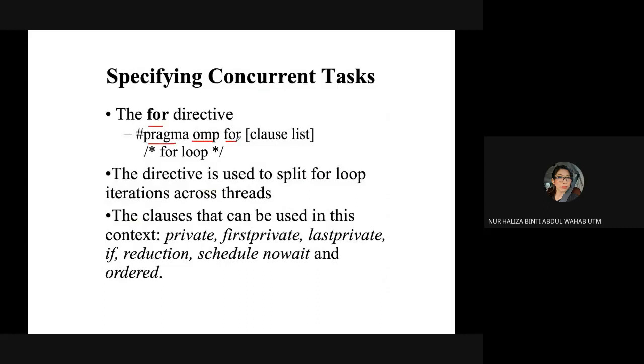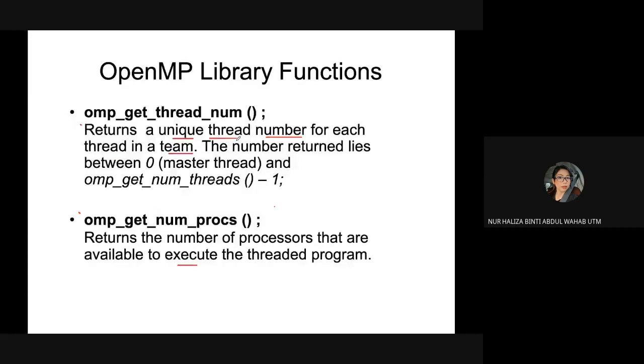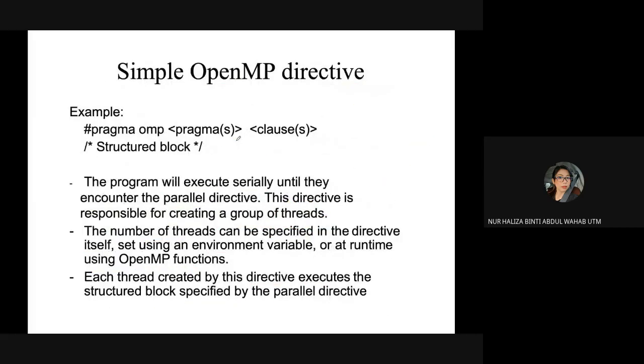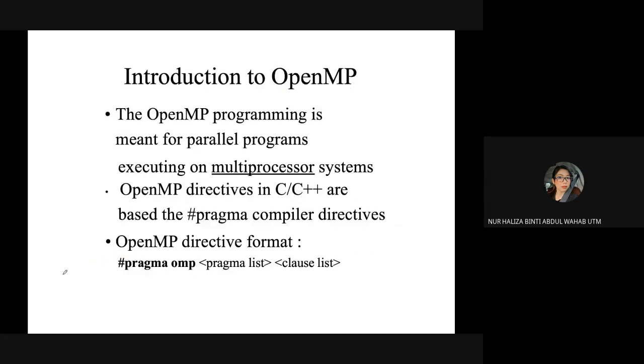Let's say you were given the example, your pragma over here, you need to have pragma in front, at the beginning of the sentence, for the standard. So you can see over here, this is the standard OpenMP directive format. So you're going to have pragma and what pragma function you're going to use. And then you have a clause list.